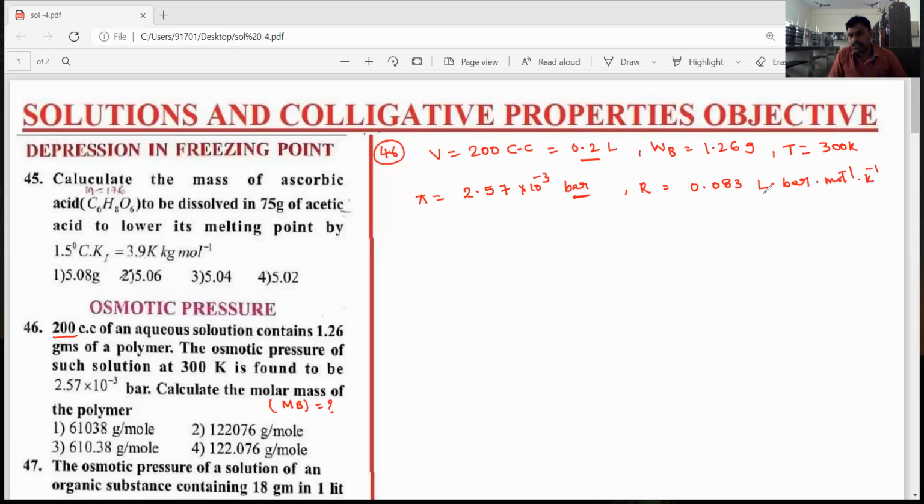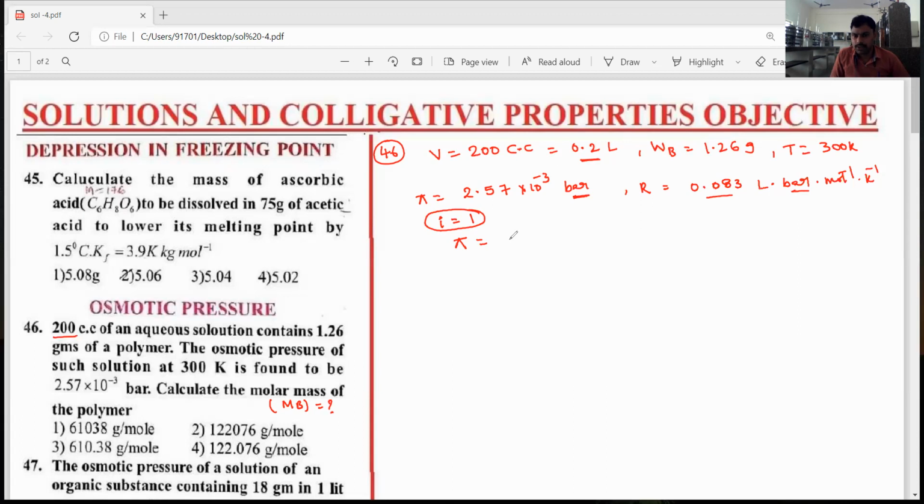In terms of atmosphere, the R value is 0.0821. In terms of bars, the R value you have to remember, dear students, is 0.083. So MB we need to calculate. Already we know the relation for osmotic pressure pi. For the polymer, the Van't Hoff factor i is equal to 1 only, because it does not dissociate or associate.